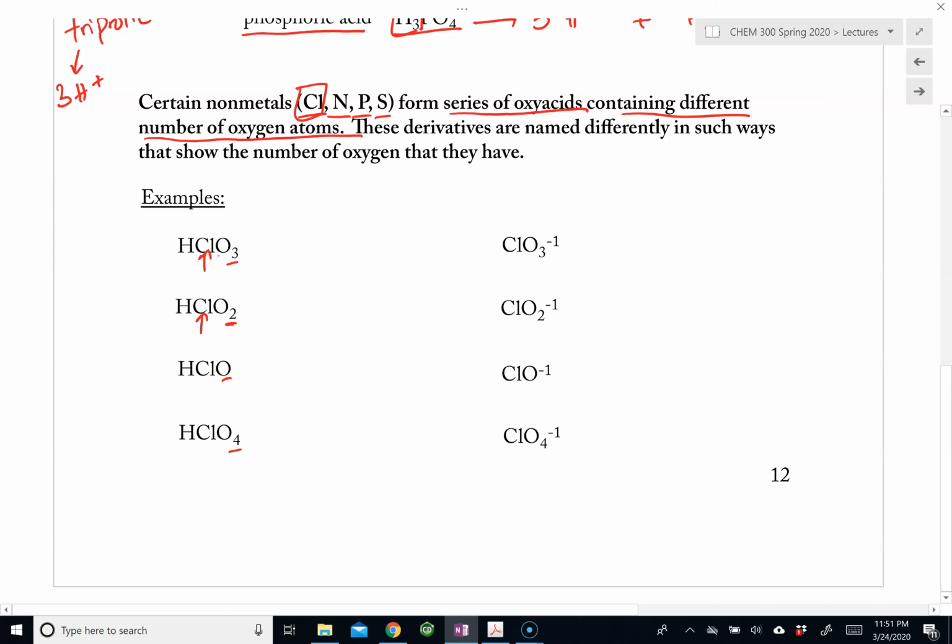How we would name them is as follows. HClO3 is named chloric acid. HClO2 is chlorous acid. HClO is hypochlorous acid. And HClO4 is called perchloric acid.